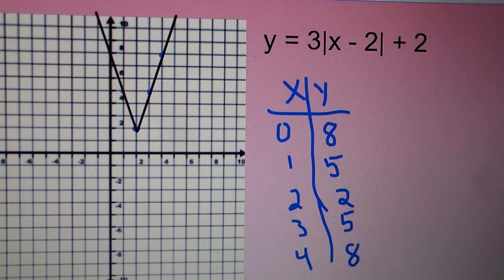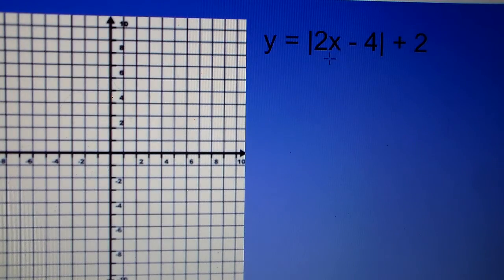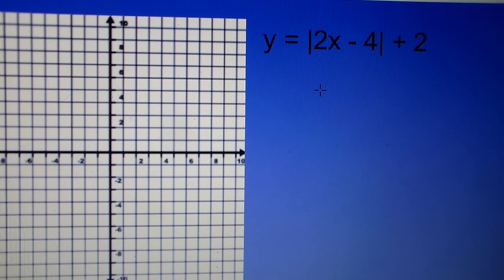All right. We got some tougher ones here. So what happens when there's a number in front of the x? So we're going to type that right into the calculator. We're going to do absolute value, hit math, NUM, ABS of 2x minus 4, close parentheses, and then plus 2.